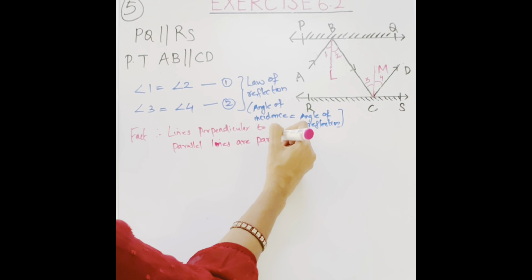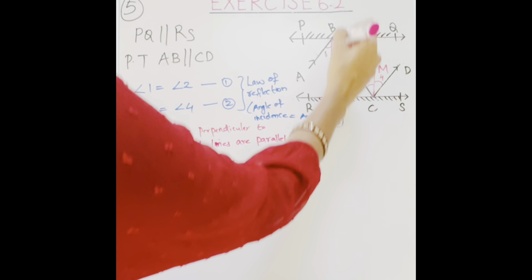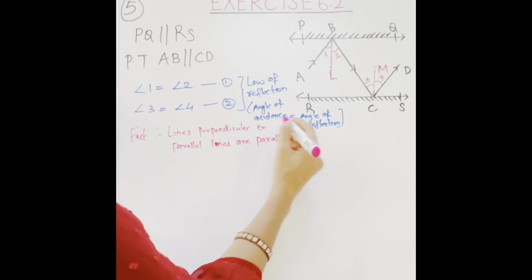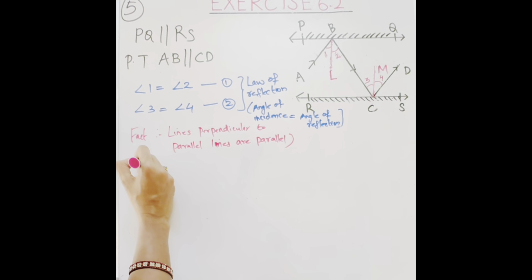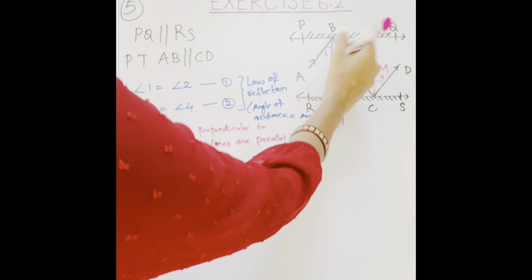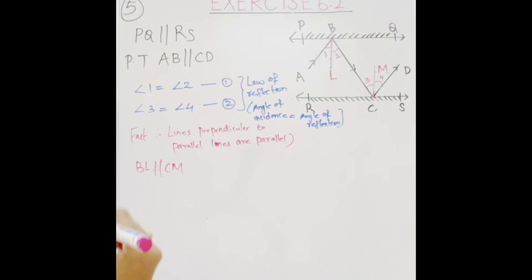So we can say that these two lines, BL, which is perpendicular to PQ, and CM, which is perpendicular to RS, are parallel. So what can we say? We can say that BL is parallel to CM.